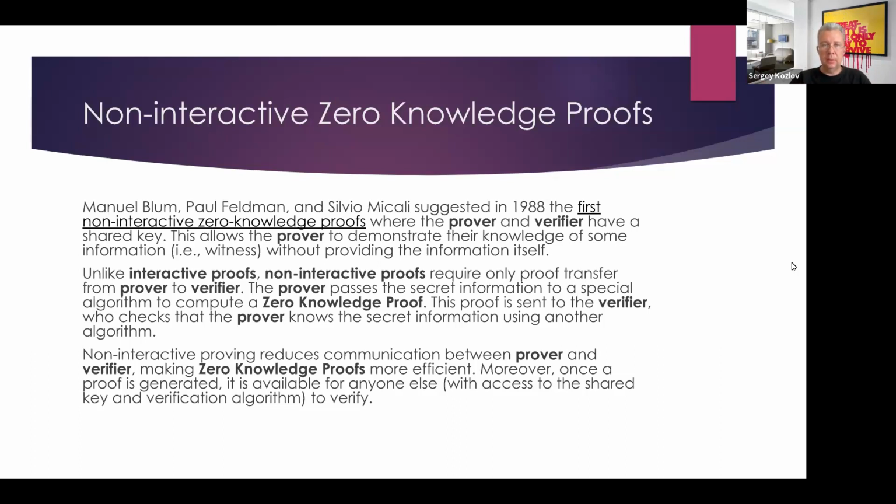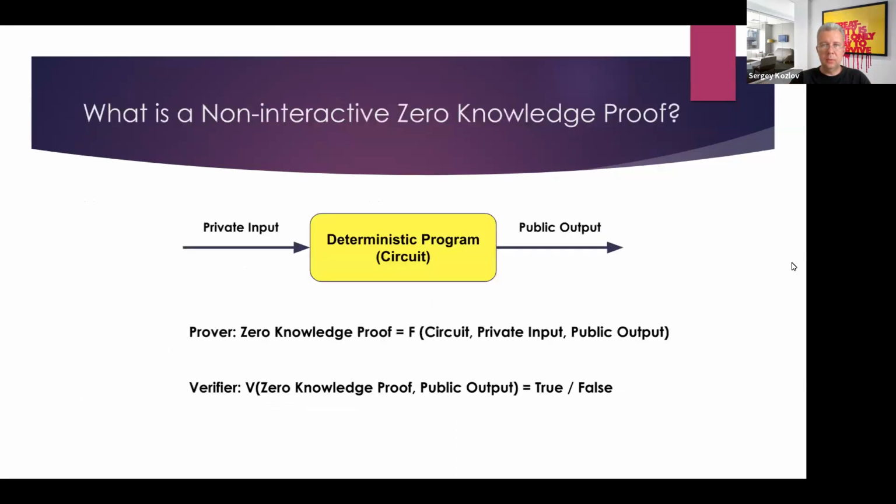So that's it. Moving forward, let's get more into the technology itself, the so-called architectural basis of how it works. First, we have some private input, some public output, and some deterministic program, called a circuit. I will give an example later.